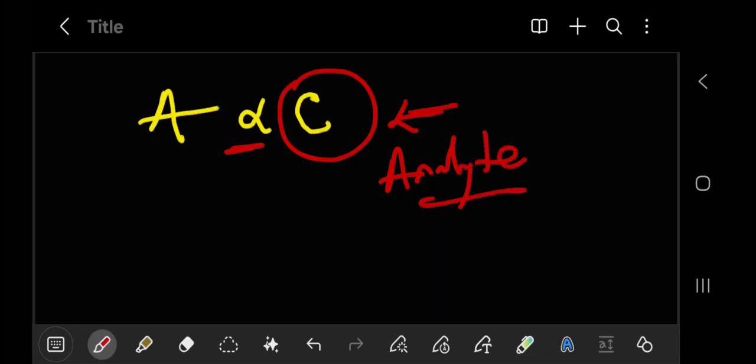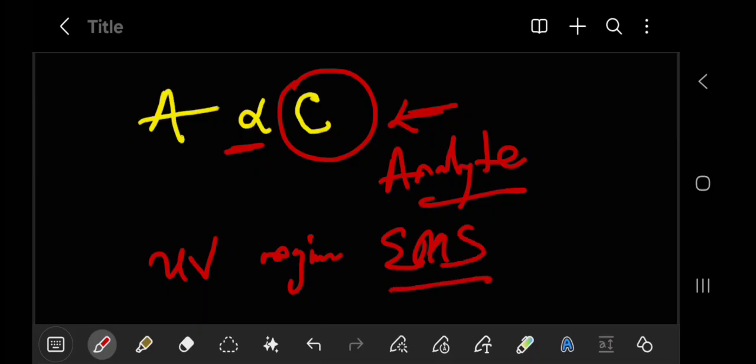They are the ones that would absorb this light in the UV region of the electromagnetic spectrum. You already know the range, around 400 nanometers. So that is basically what Beer came up with, that the absorbance is directly proportional to the concentration of the analytes, the species of interest in the solution that are usually colored.